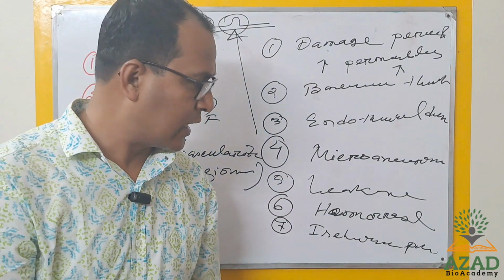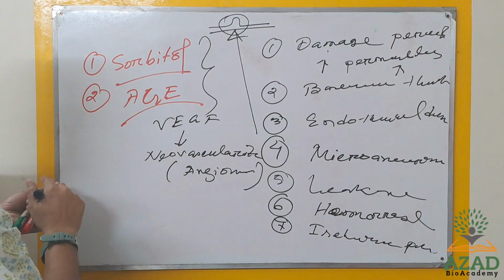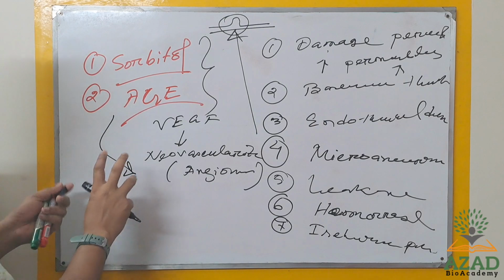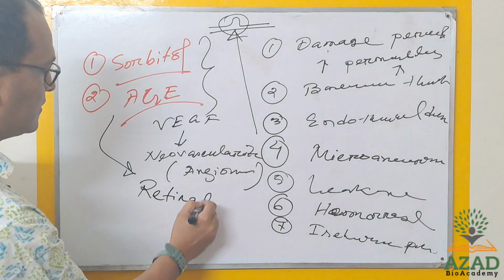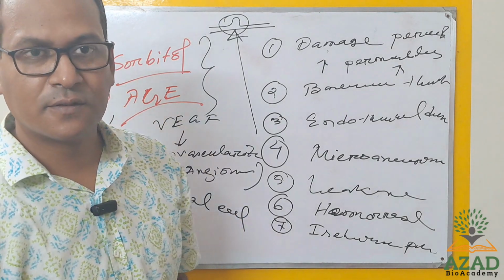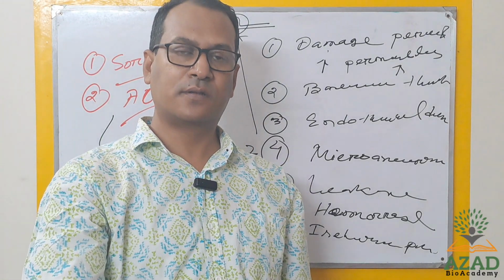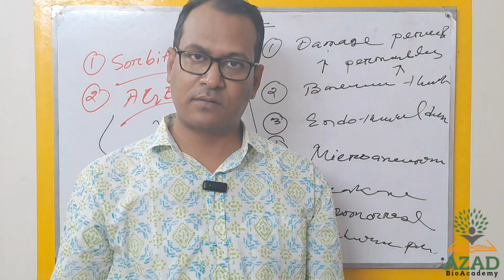Another thing, all those substances are produced in retinal cells. Already I said several times, what are the retinal cells? That is your pigmental cell, endothelium cell, sorry, epithelial cell. You can say your rod cell and cone cell, that is photoreceptor.